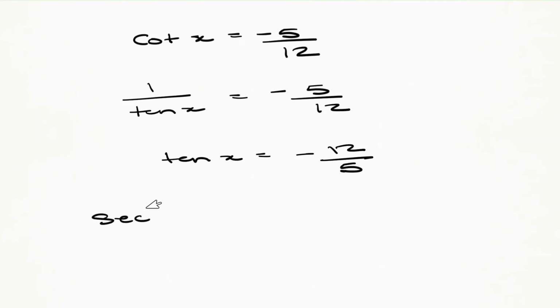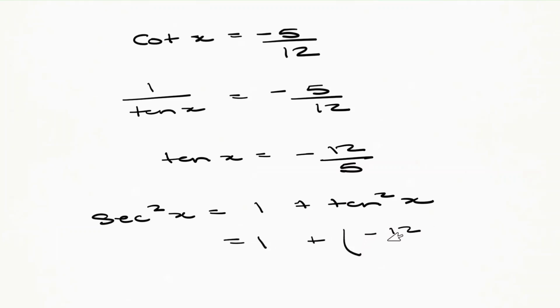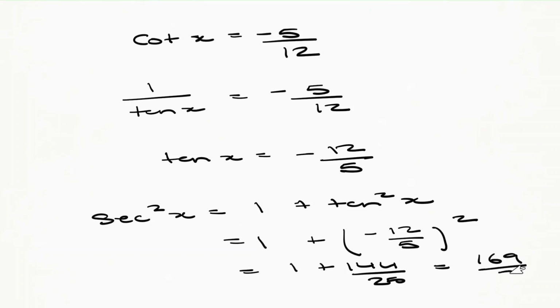So using this identity that the secant squared of x is 1 plus tan squared x, we know that that will be 1 plus -12 on 5 squared, which is equal to 1 plus 144 over 25, and that is equal to 169 on 25.